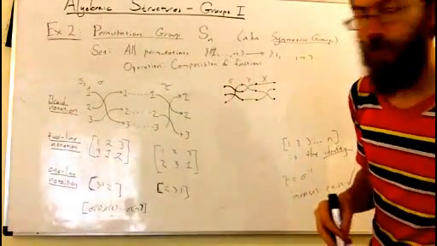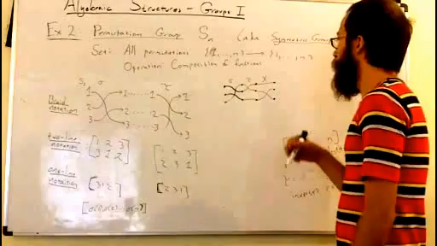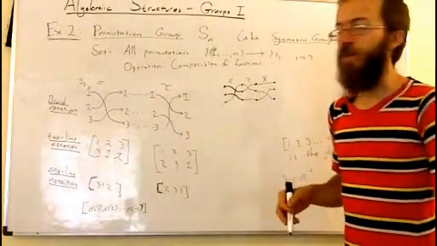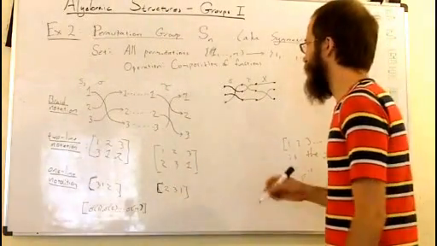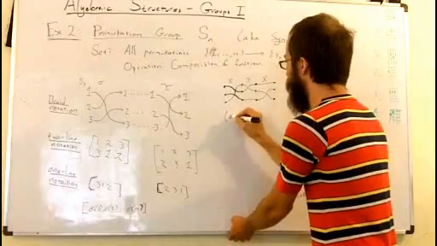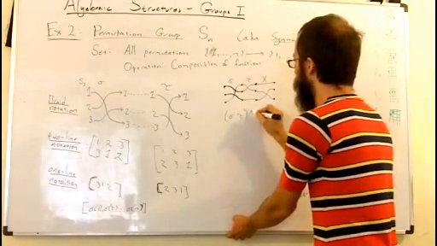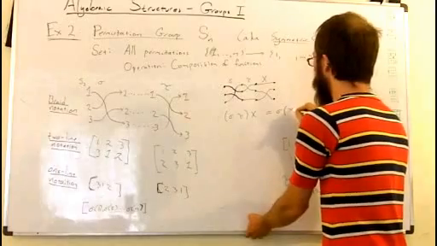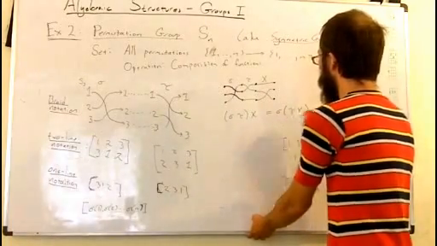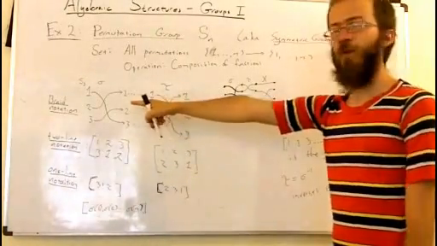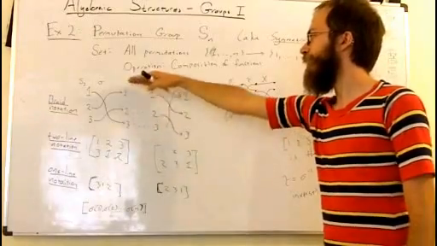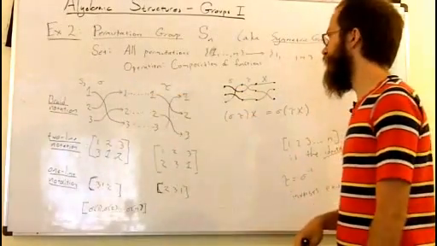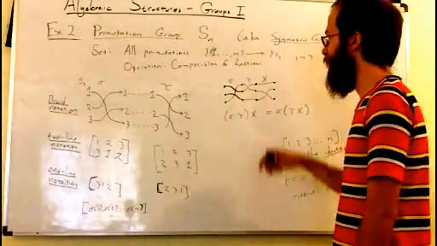That's interesting. Now, we need to check associativity, right? So I'm going to tell you how to check associativity. That means we have to check that (sigma tau) kappa is equal to sigma (tau kappa). Our product with the braid notation is just forgetting that the dots in the middle exist, and then maybe sort of straightening things out a little bit.